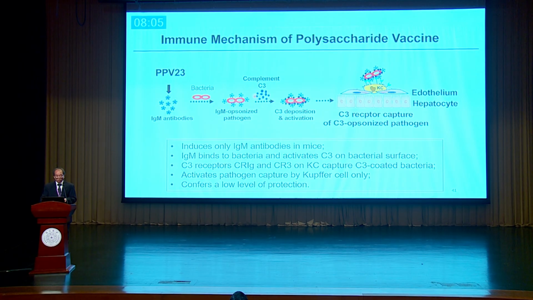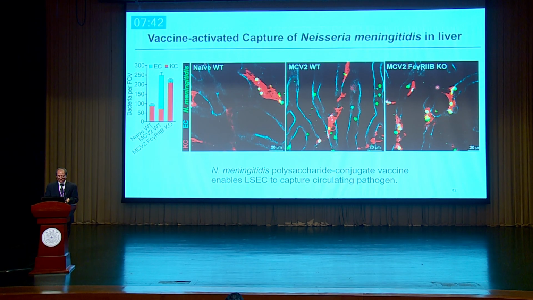And so only after IgM attaches to the bacteria, this will activate complement C3, and the C3 will deposit on bacteria, and that will allow Kupffer cells or macrophages to capture the bacteria, not endothelial cells. So you only activate one type of cell in the liver.